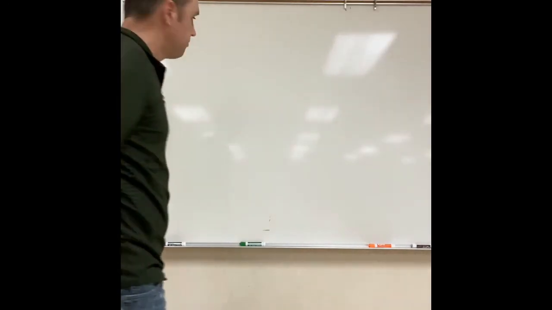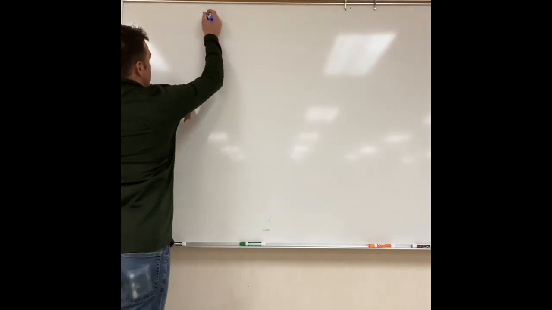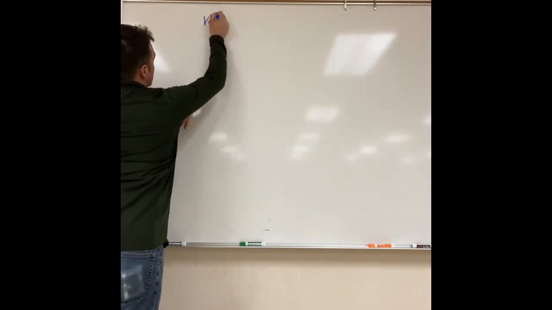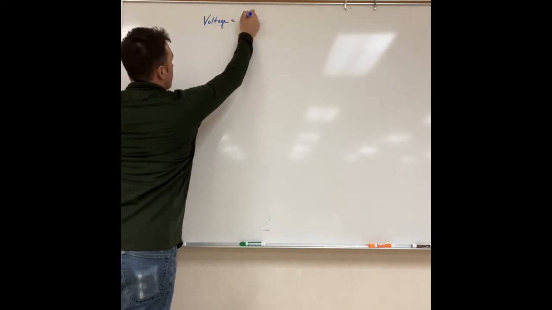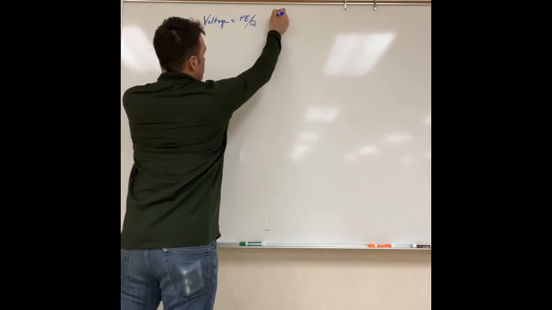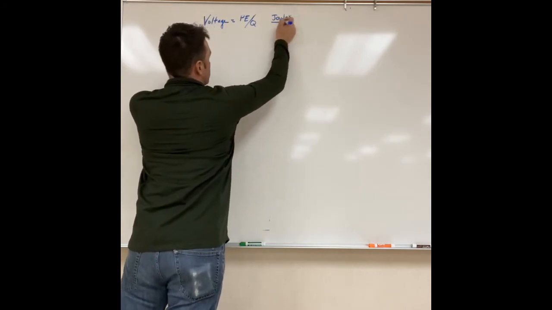All right, I mentioned that voltage was a type of potential. It's actually the potential energy per charge. So the units that we use, volts, are really joules per coulomb.